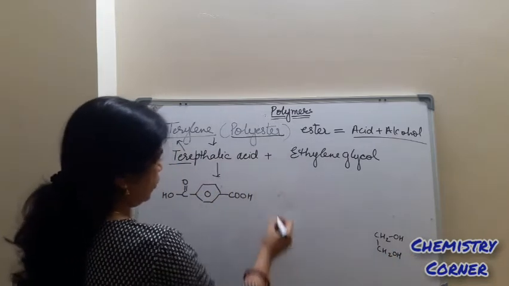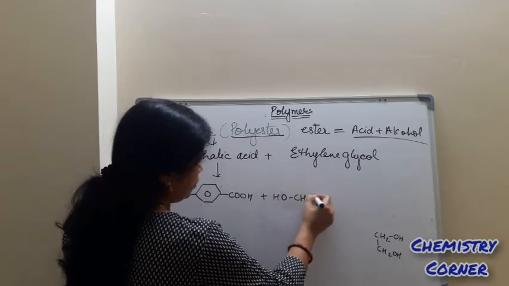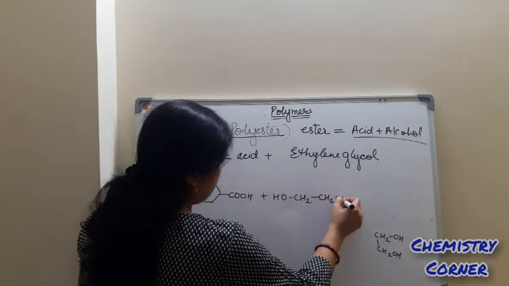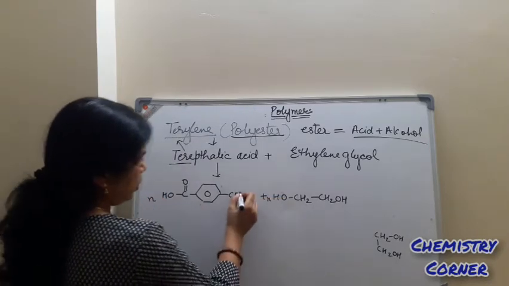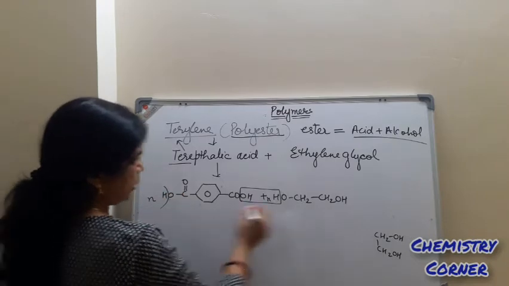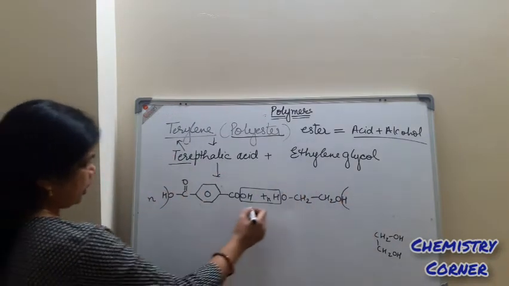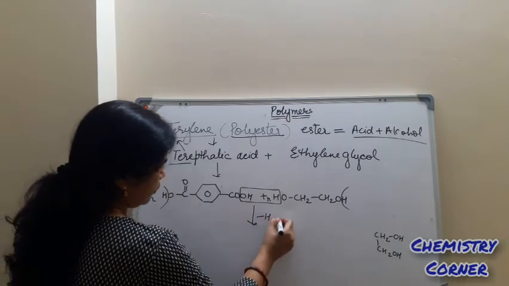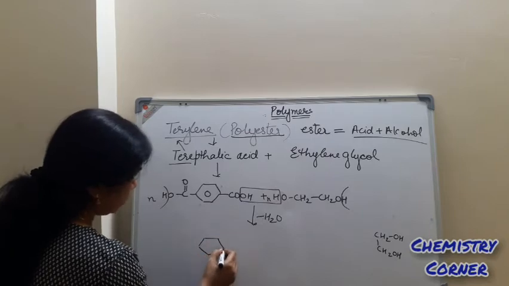But for understanding the equation in an easier manner, we are writing it this way. So its n molecules. Now we know that a water molecule will be eliminated. So we are considering that this part is going to be eliminated sidewise. So the leftover will be called terylene.